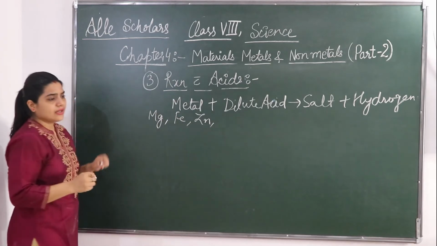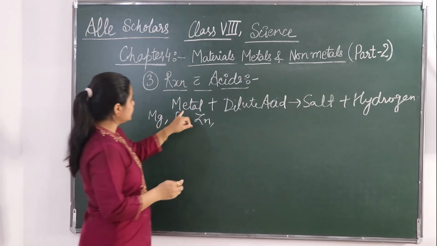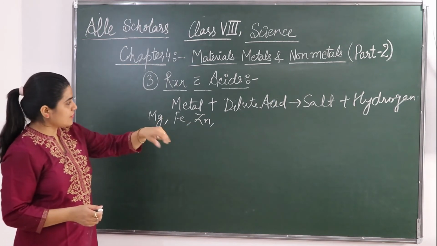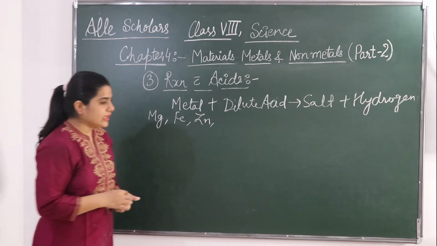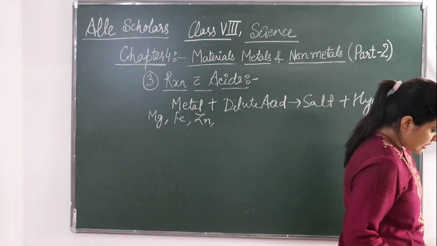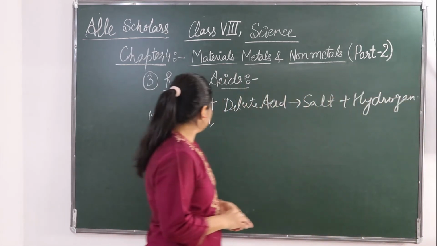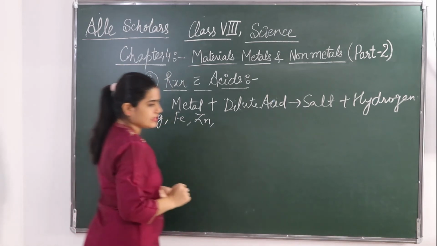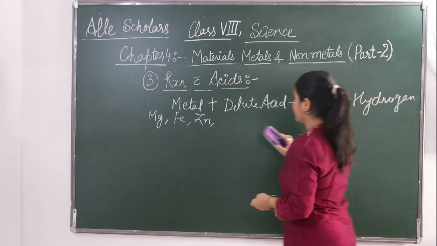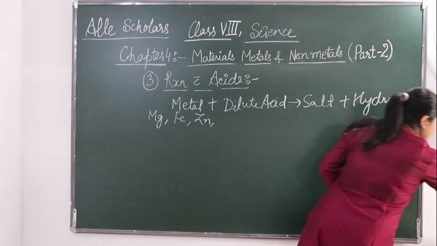These are the metals that produce salt plus hydrogen when they react with dilute acid. But what are the exceptions? We shall see them further. First, let's see the reactions for them.